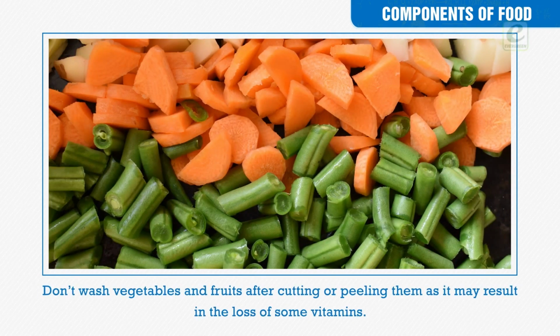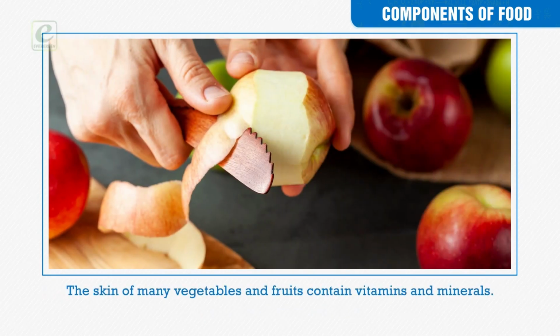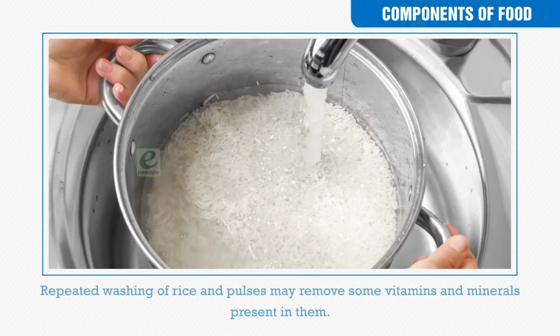Don't wash vegetables and fruits after cutting or peeling them, as it may result in the loss of some vitamins. The skin of many vegetables and fruits contain vitamins and minerals. Repeated washing of rice and pulses may remove some vitamins and minerals present in them.